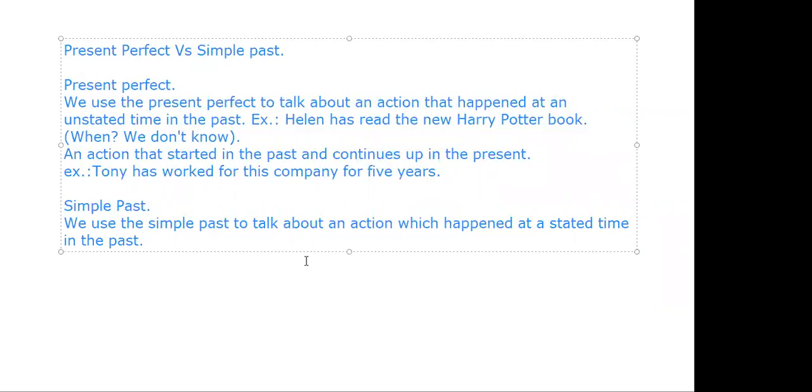So this is the first difference. So here the time is stated, the time is mentioned, the time is known for both people speaking in the conversation, okay?